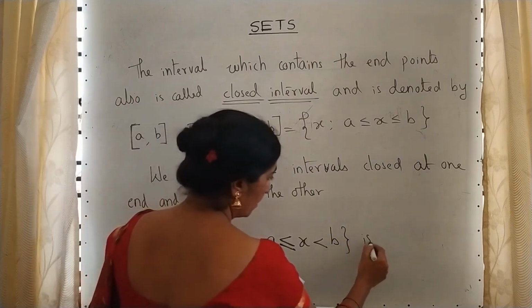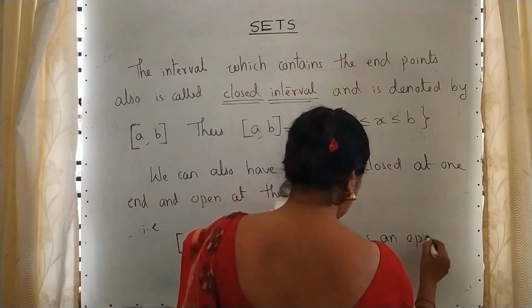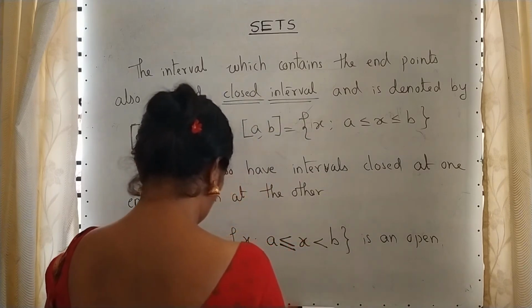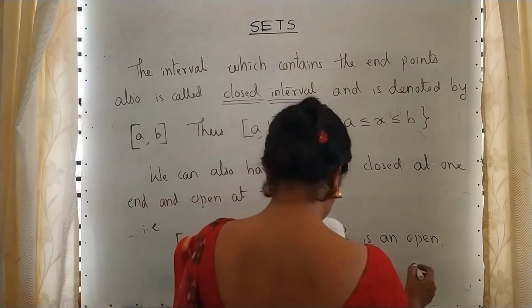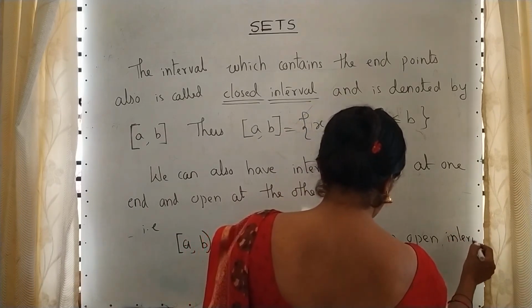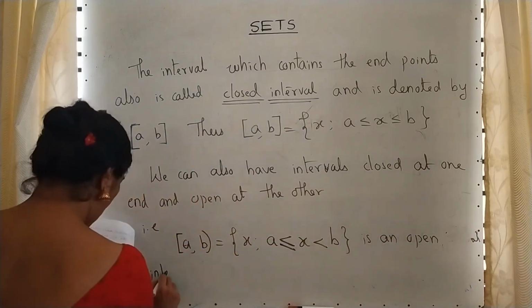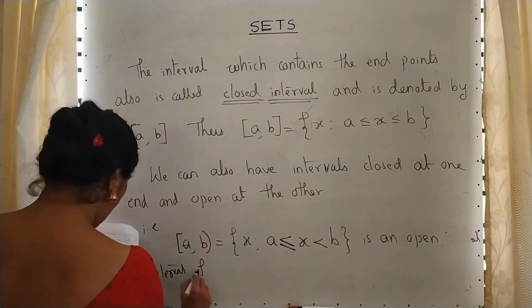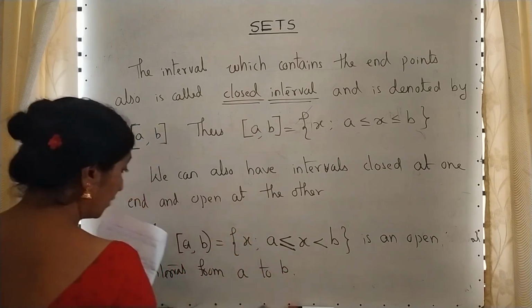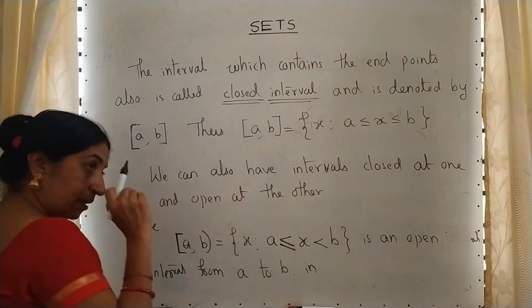This is a half-open interval from A to B, including A. See, square bracket means it is closed.